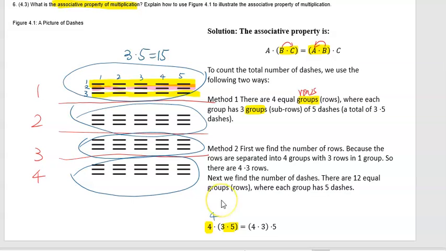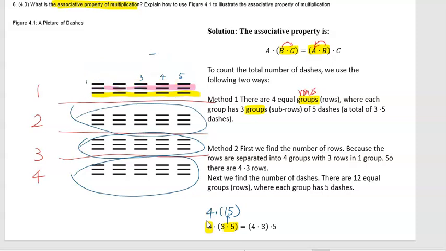But we want to keep 3 and 5 in there, because we want to use this to demonstrate the associative property. So that's the first way to count the total number of dashes.